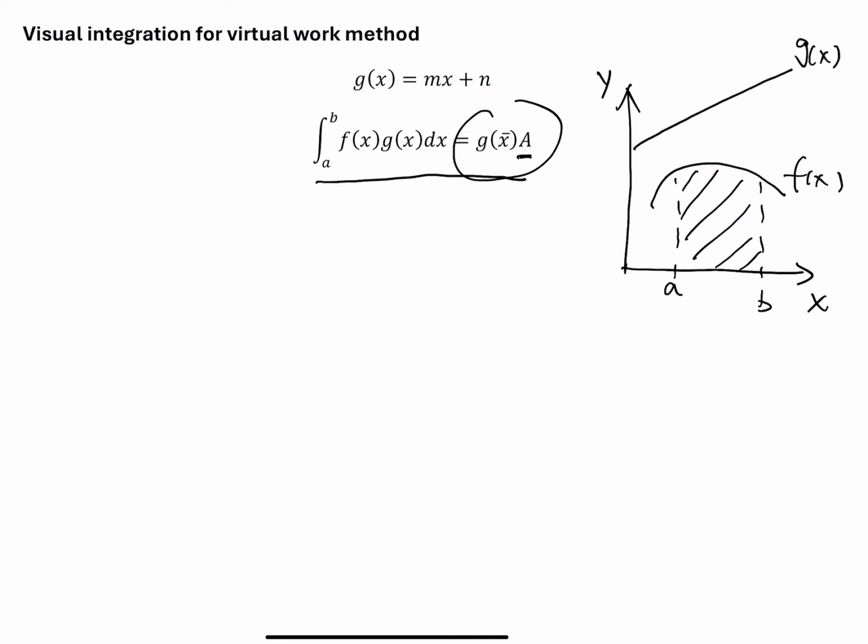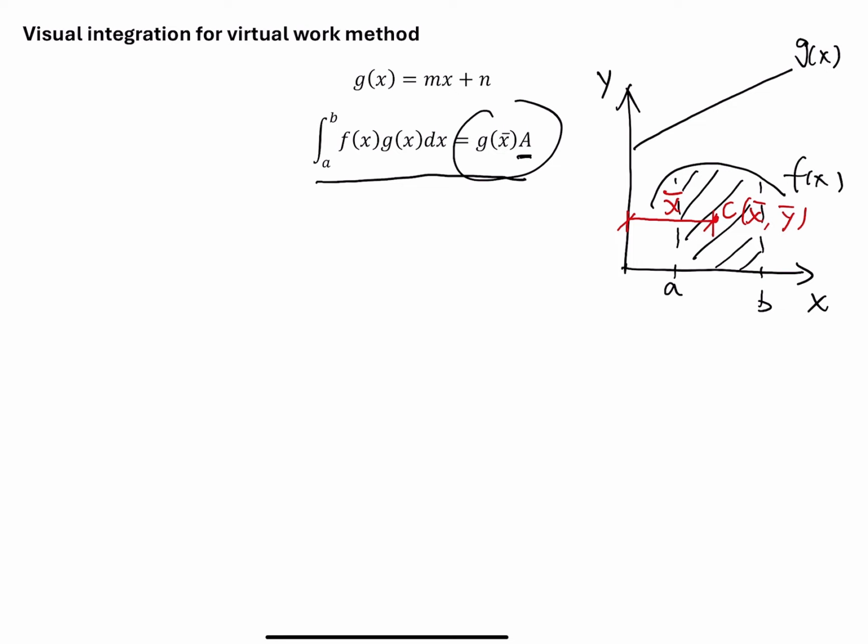So for this area, here is the centroid point, which we call C. The coordinates of this centroid point are x bar, y bar. So this is x bar, the x coordinate.